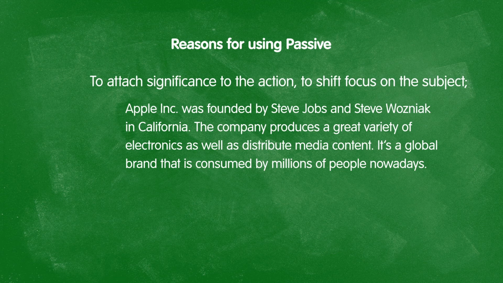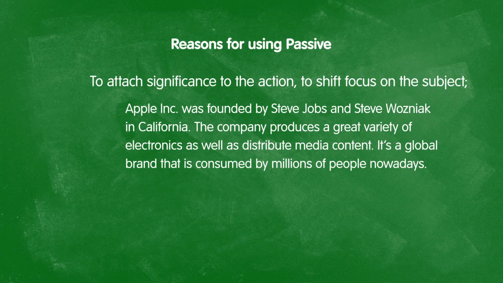Apple Incorporated was founded by Steve Jobs and Steve Wozniak in California. The company produces a great variety of electronics as well as distributes media content. It's a global brand that is consumed by millions of people nowadays. In the first sentence, I'm focusing on the company itself and the subject of the sentence. That's why we put it first.